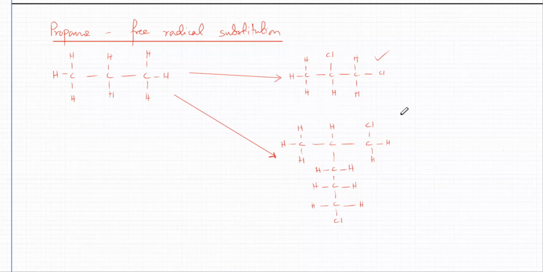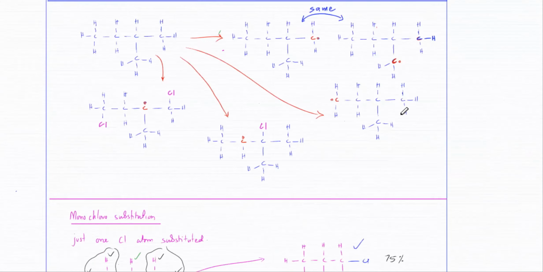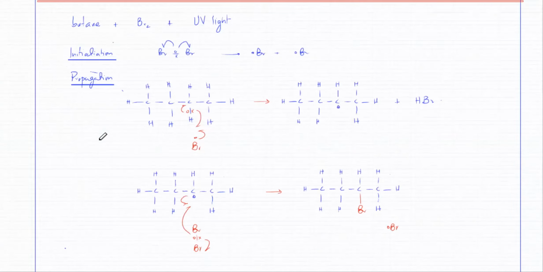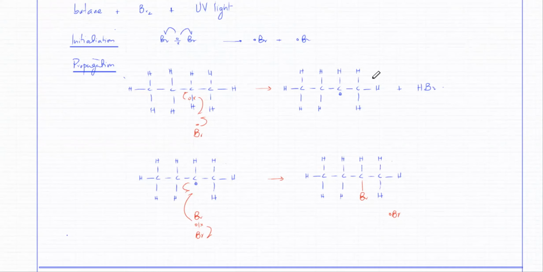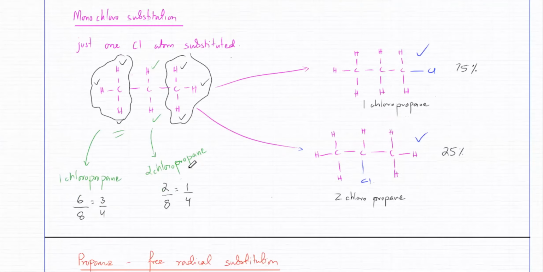Now, if you look at this molecule, I told you that during the propagation step or during free radical substitution, when the Cl radical comes along, any of the H atoms could get knocked out and a free radical would be formed. Any of the carbon atoms, they could turn into a free radical. Like even if we go back further, a bromine came along, it could steal any of the H atoms, and the carbon could turn into a free radical. Any of the carbon atoms could turn into a free radical. So the idea is that as free radical substitution is happening, it's going on.